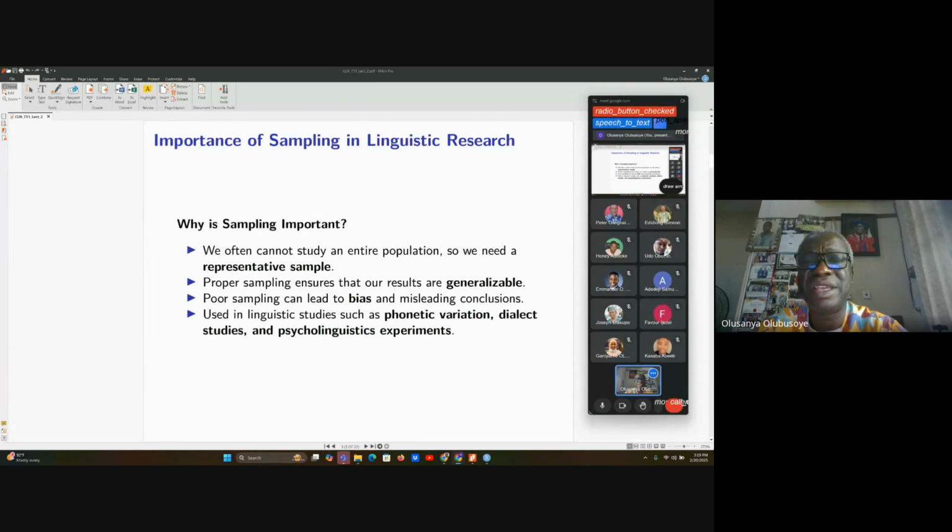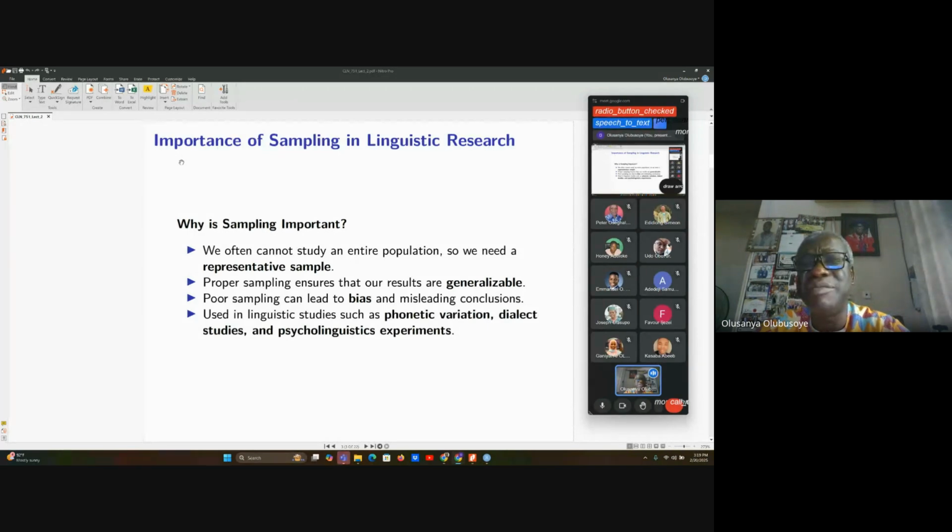But the challenge with our sample is that we can introduce bias into the way we draw the sample. If you introduce bias, then it is difficult to generalize your study.